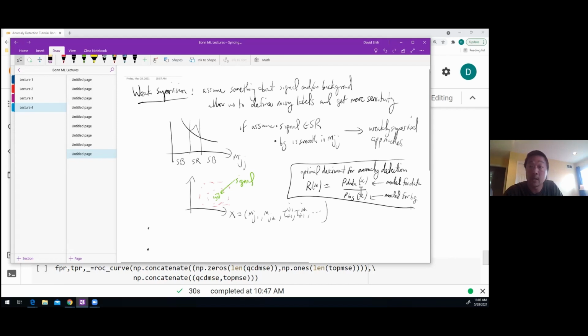Then I want to ask, does my real data fit my model for the data better, or does it fit my model for the background better? Does that make sense? So I can use this hypothesis test to reject the background hypothesis. In other words, I can say my data looks more like my data model than it does like my background model, which means my data model and my background model differ from each other. And that would be the sign of something deviating from the standard model.